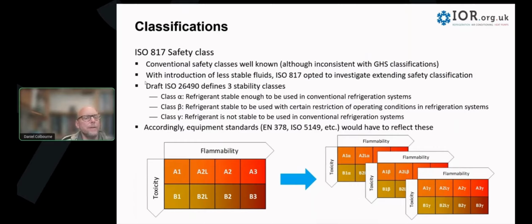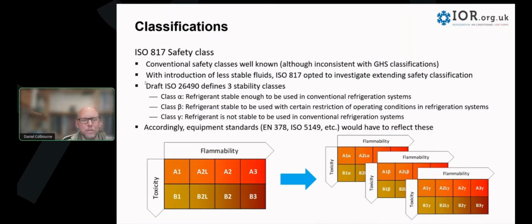But these stability issues can obviously affect the safety of the system. And so there are new stability classes being proposed, alpha, beta, and gamma, ranging from the conventional stability that we're used to today to very unstable refrigerants.